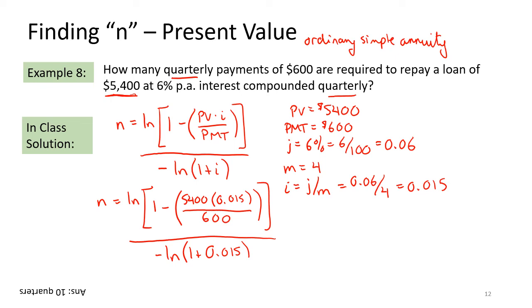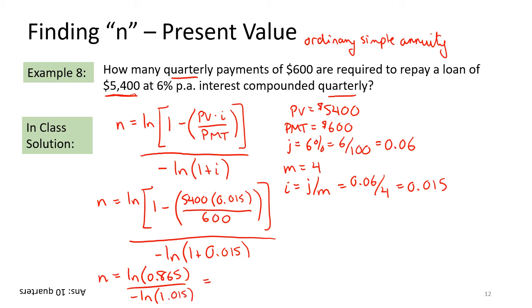So if you have placed these in your calculators correctly, you'll get that n is equal to the ln of 0.865 divided by the negative ln of 1.015.